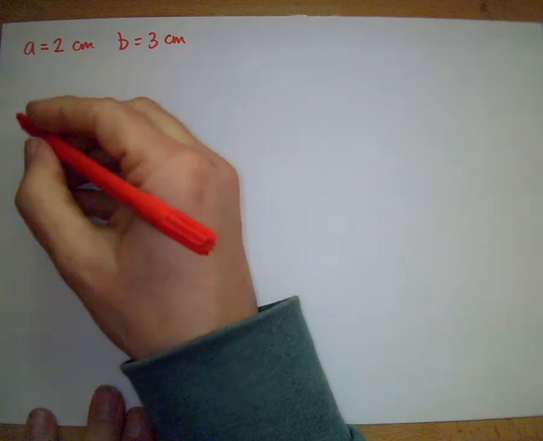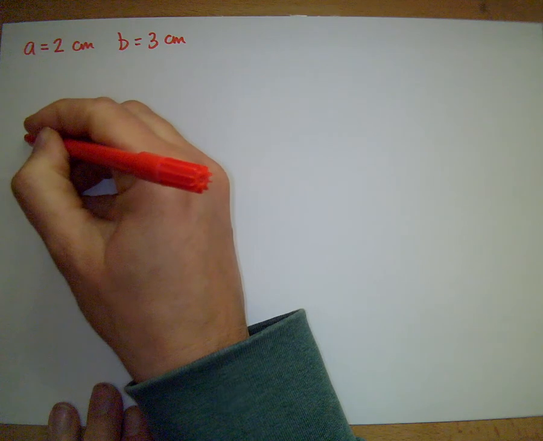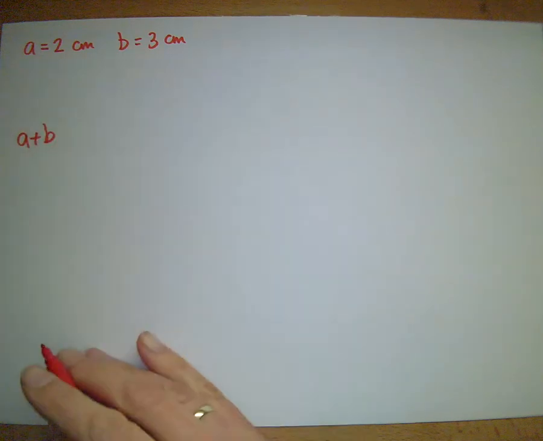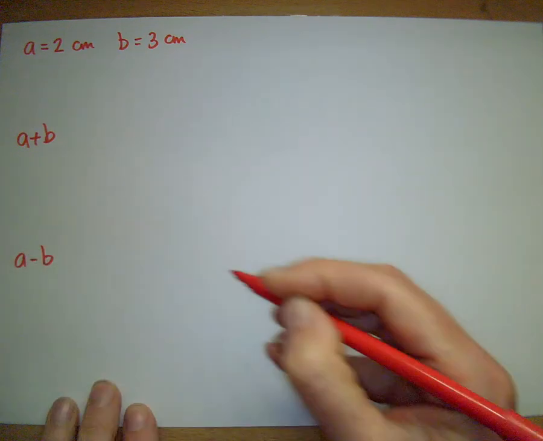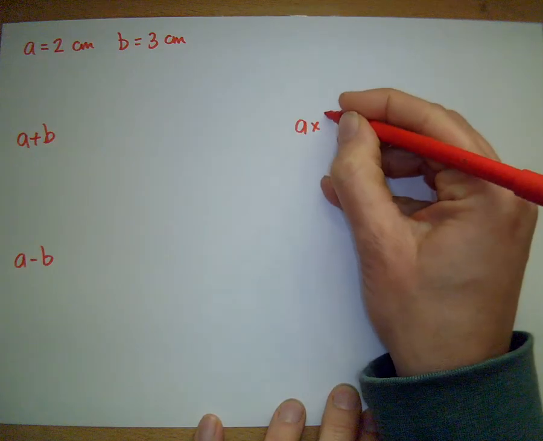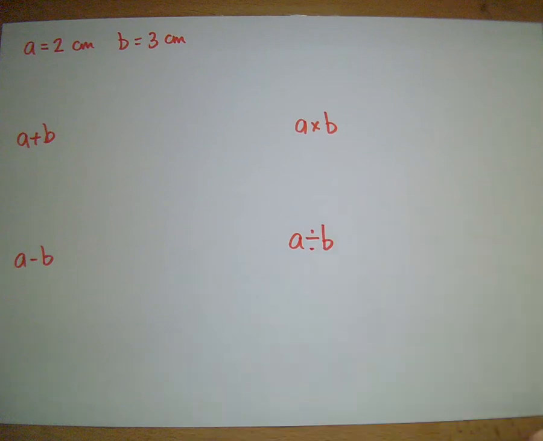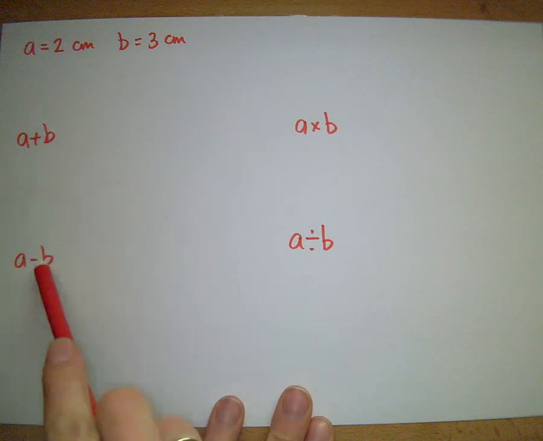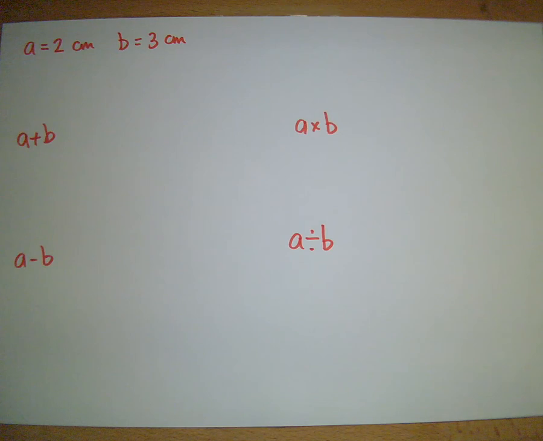And we want to know the upper and lower bounds of A plus B, A minus B, A times B, and A divided by B. Okay, so we want to know the upper and lower bounds of these calculations, right? The product, the difference, etc.